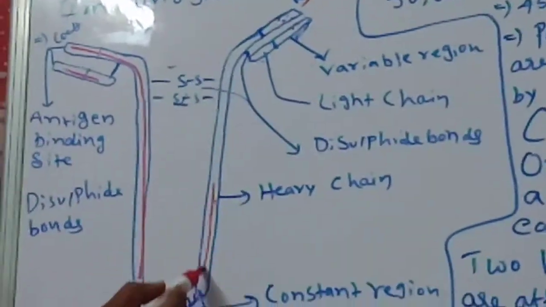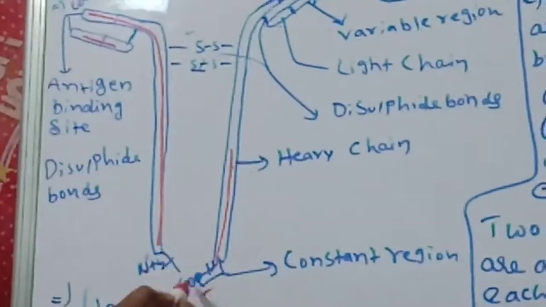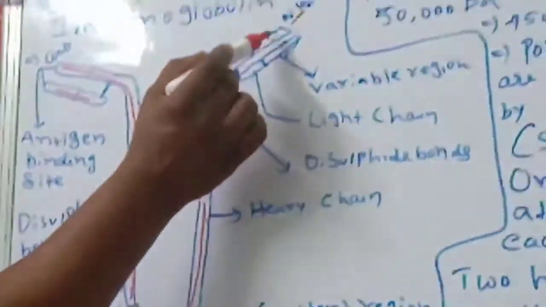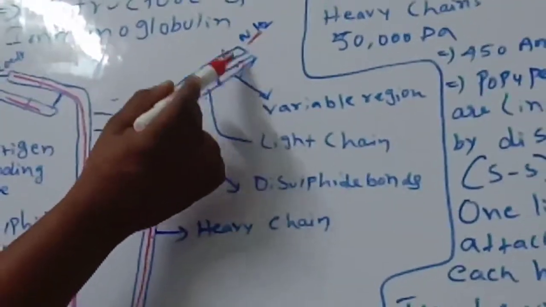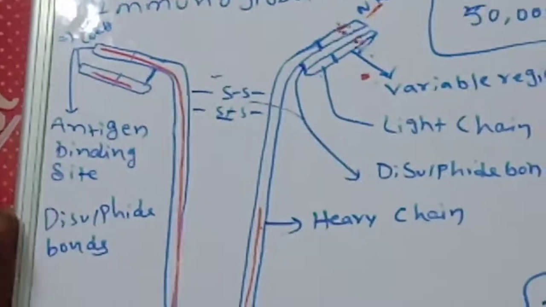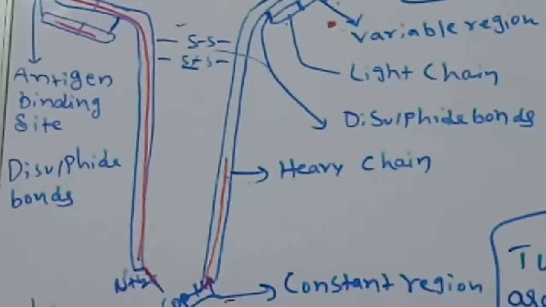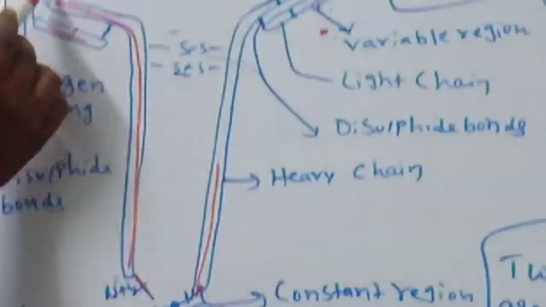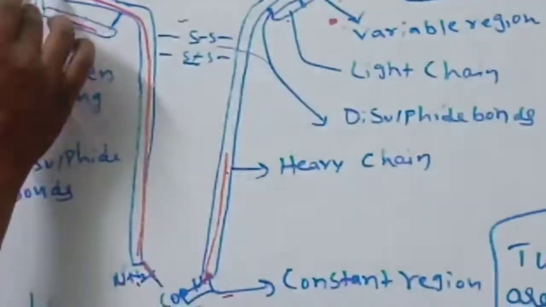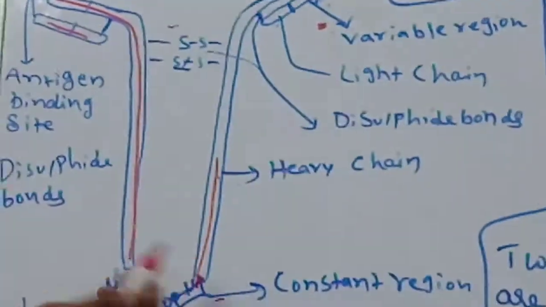This is the constant region; these areas are constant and will not change. But this region will be changed according to the antigen, so that's why it is called the variable region. So here carboxylic group and amino group.